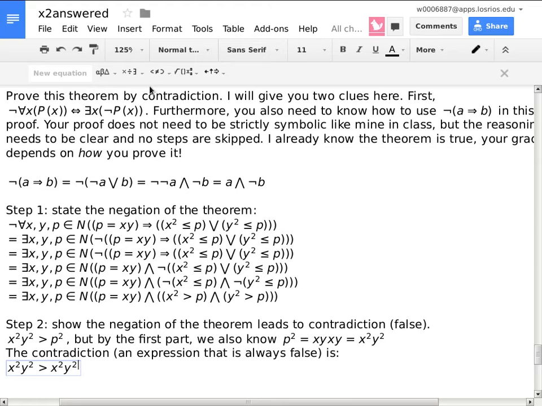X squared being greater than p means that x squared has to be at least p plus 1. Okay. And because it's at least p plus 1, then p would equal the square root of p plus 1 times the square root of p plus 1.